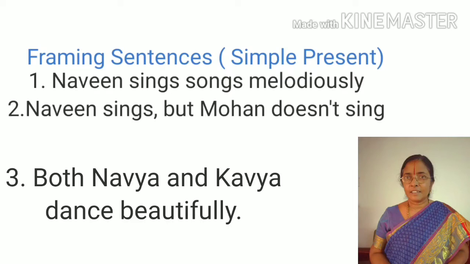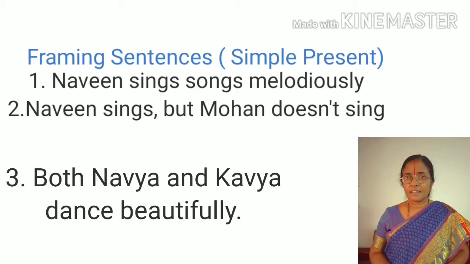Navin sings, but Mohan doesn't sing. In the second sentence, two proper nouns are used. What are they? Navin and Mohan. See, the first part of the sentence is positive statement. Navin sings. But if you take the second part of it, Mohan doesn't sing. So, the second part is in negative. We have to use does.